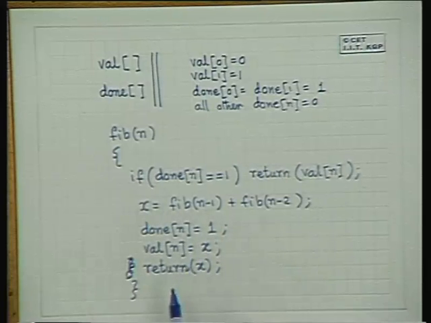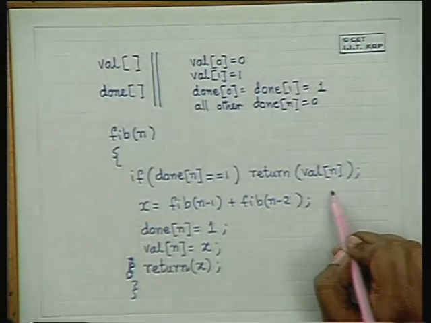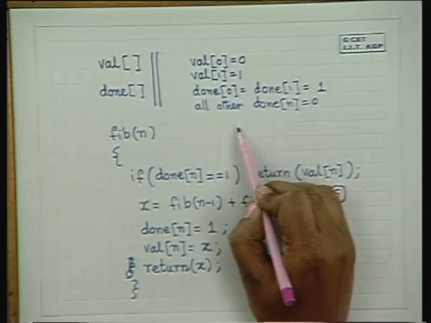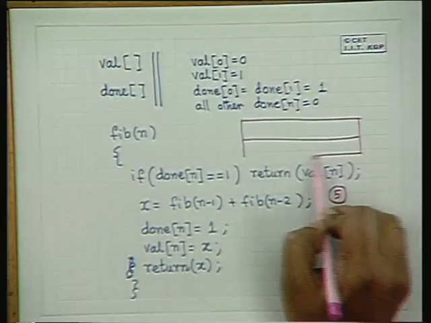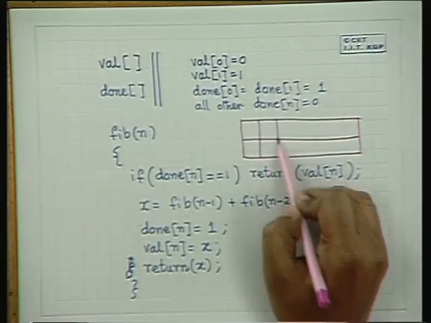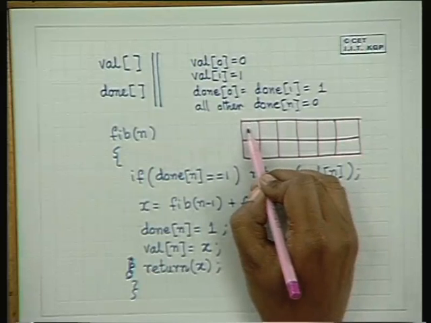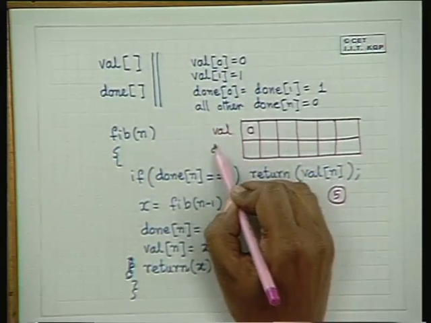Now if you have done this, then let us solve fib 5. To solve 5, we first see what our val and done arrays are. Val 0 is 0, so this is val and done.